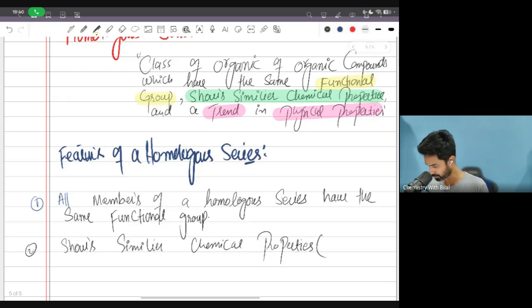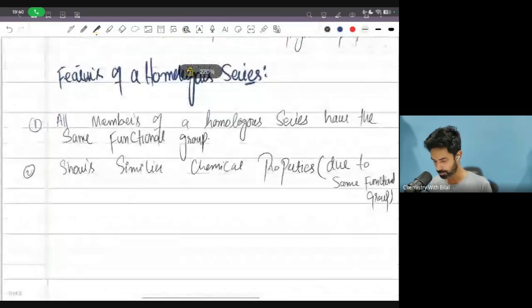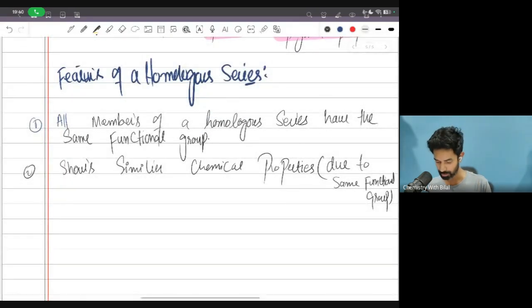So all members of homologous series follow the same functional group, and due to which they show similar chemical properties.